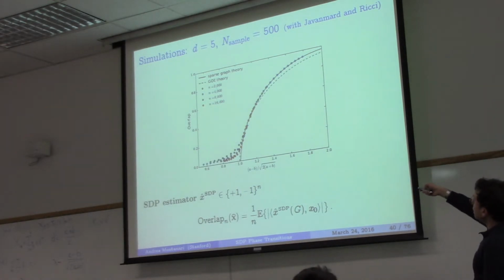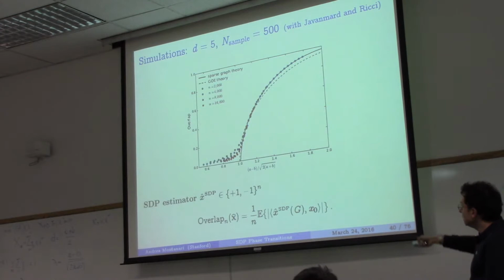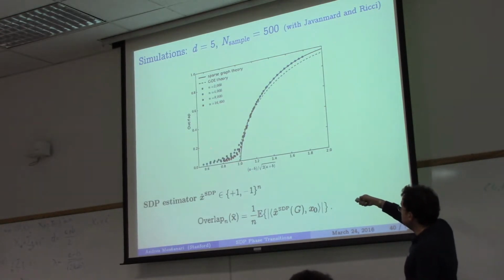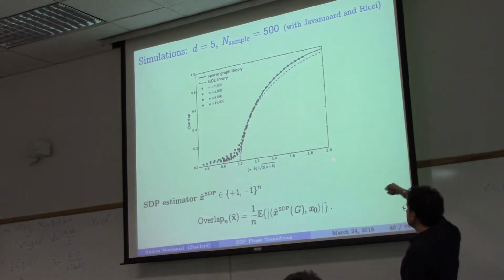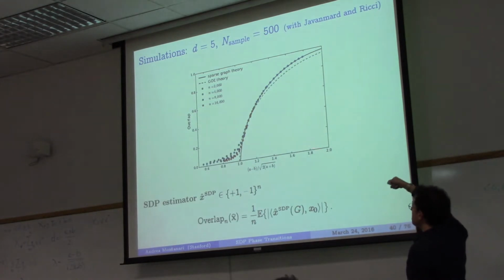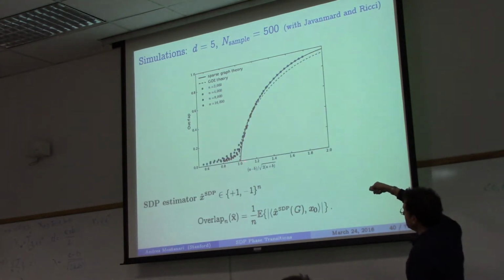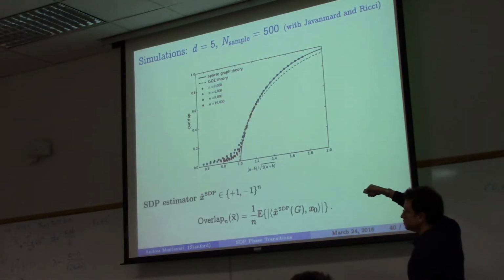So this is here average degree 5. We simulated 500 samples for each graph size, from 2,000 up to 16,000. And you see what happens here. I'm plotting the overlap versus this magic parameter lambda. When you are below 1, as the size increases, the overlap tends to get smaller and smaller.